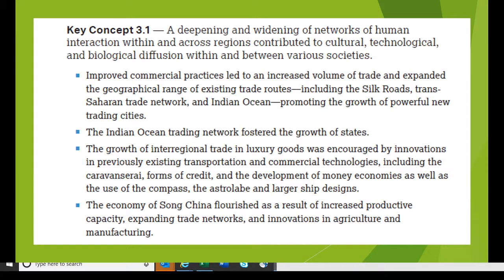Yeah, Swahili city-states are a good one. Calicut also good. I'm with you on Tenochtitlan in the Americas.